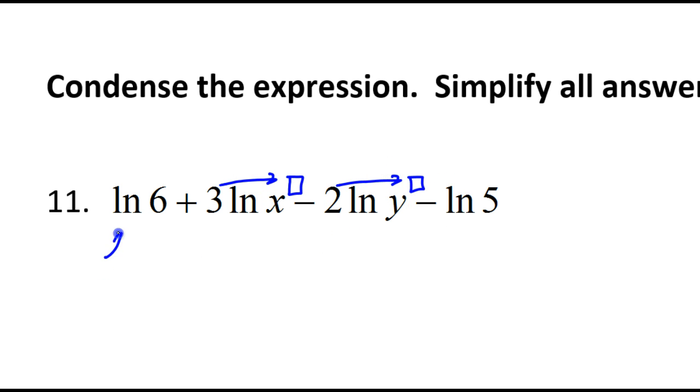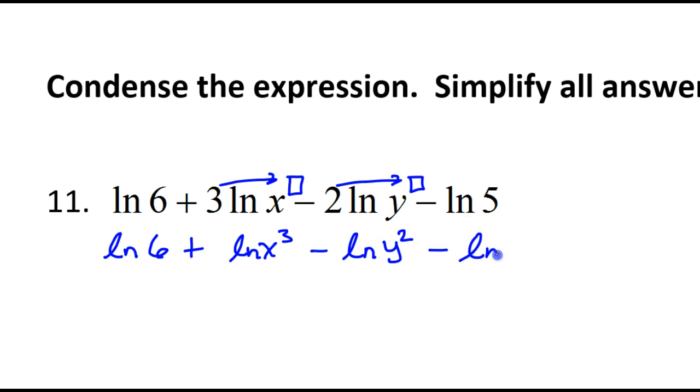So I'm going to have natural log, that's an L, by the way, not an I or a 1, ln 6 plus natural log x to the third power minus natural log y squared minus natural log 5. Okay, that was the first step.